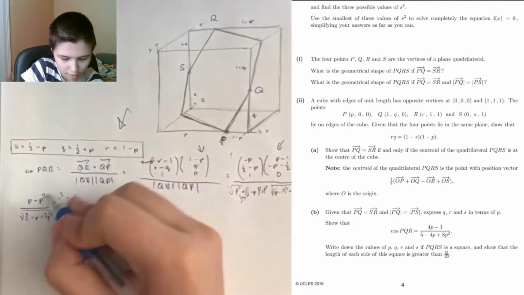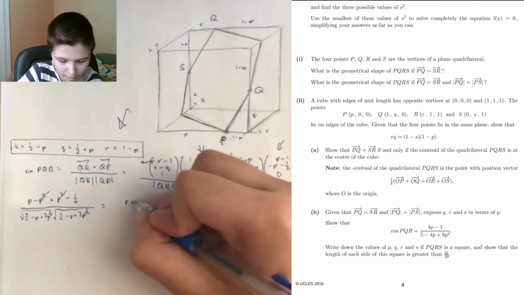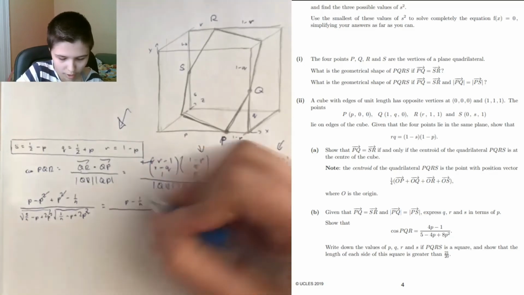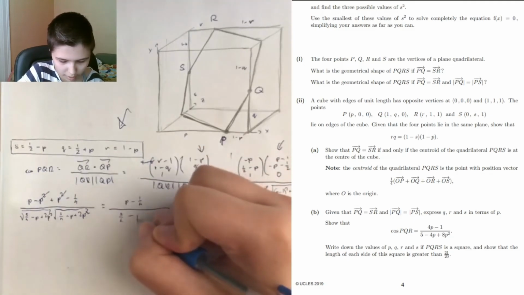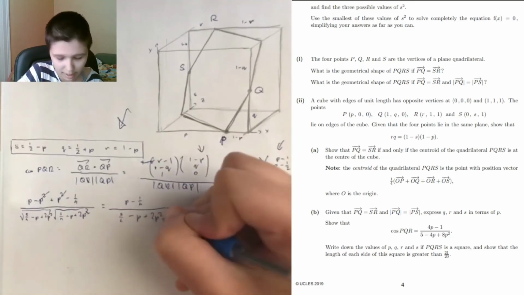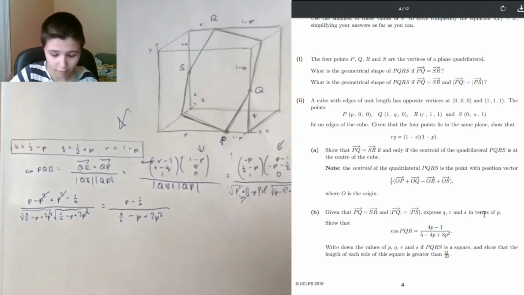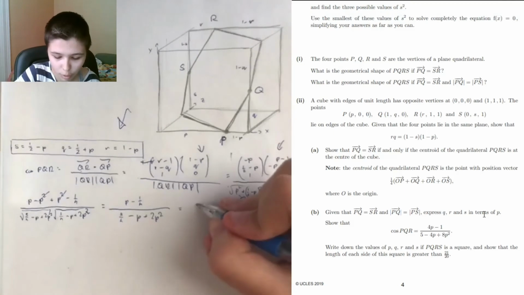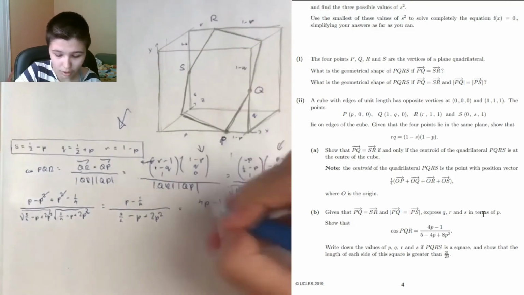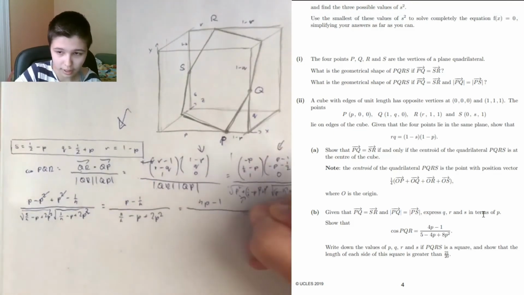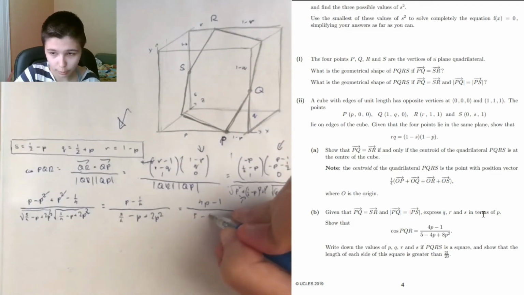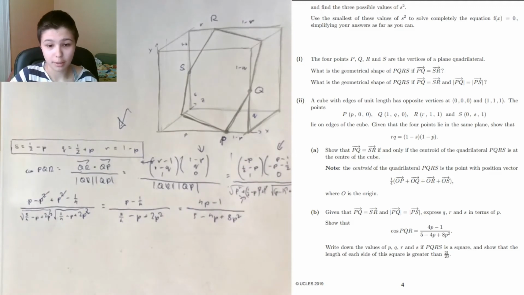Okay, so the P squares cancel out here, and we have P minus a quarter over 5 quarters minus P plus 2P squared. And that already looks very similar to the formula that we have here. And just to check, I think all we have to do is multiply everything by 4, so top and bottom by 4. That gives us 4P minus 1, so numerator correct, and denominator 5 minus 4P plus 8P squared is also correct.